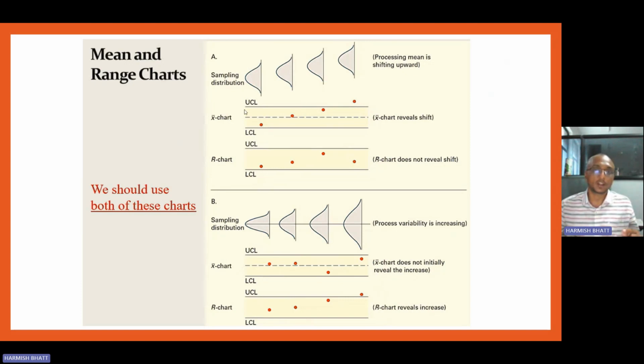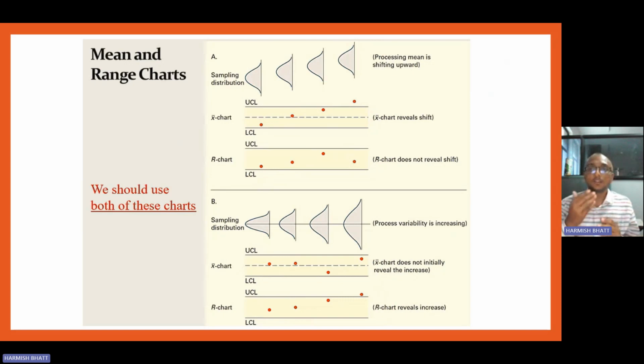Some corrective actions are required. But if you are not preparing the X bar chart for case A, and instead of that, you are preparing the R chart, that is showing you all the data points are within the limit, within the LCL and UCL.